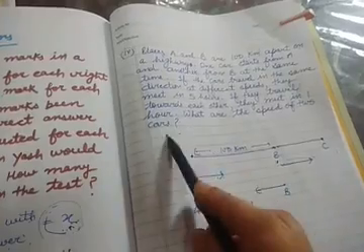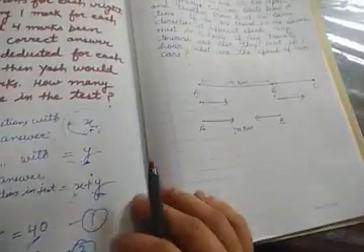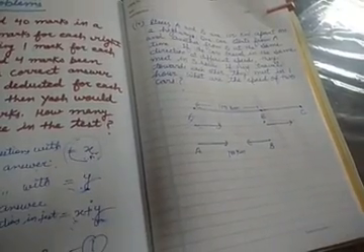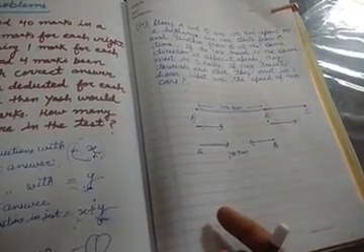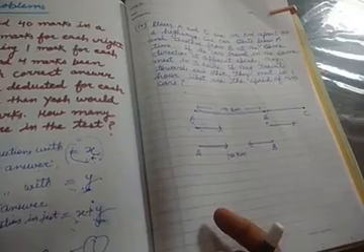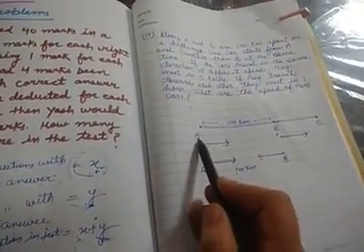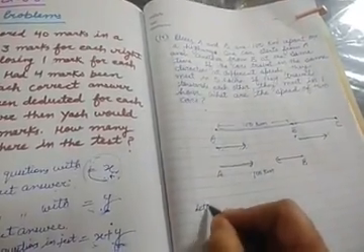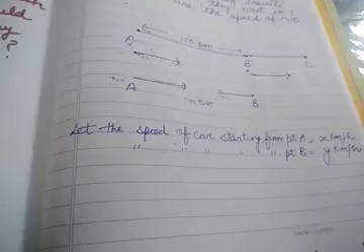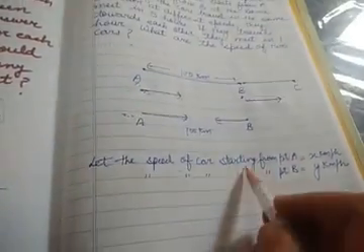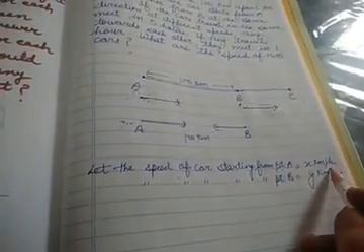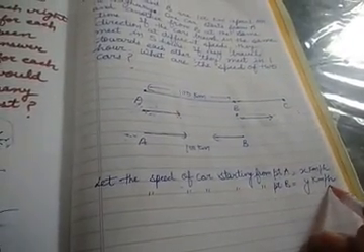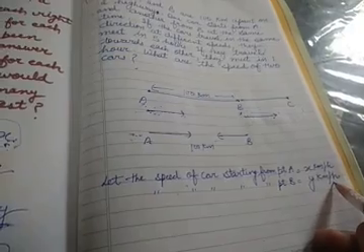What are the speeds of the two cars? So we want to find the speeds of the two cars. Let me suppose that the speed of the car starting from point A is x kilometers per hour, and the speed of the car starting from point B is y kilometers per hour.